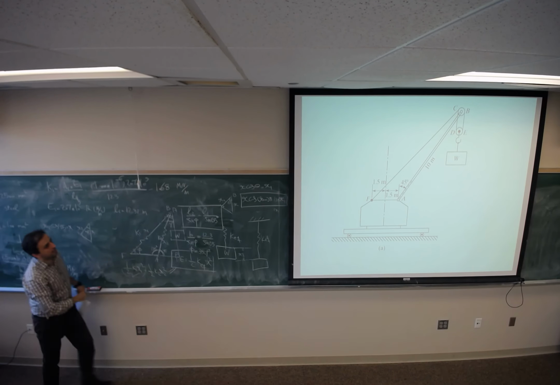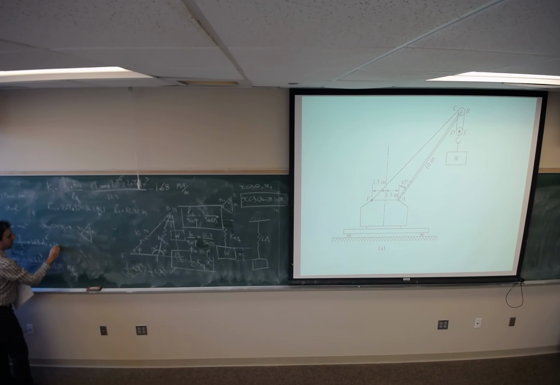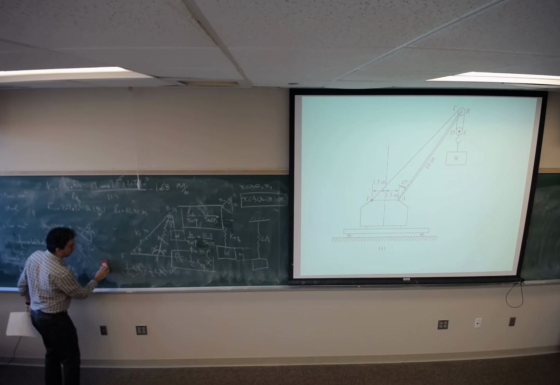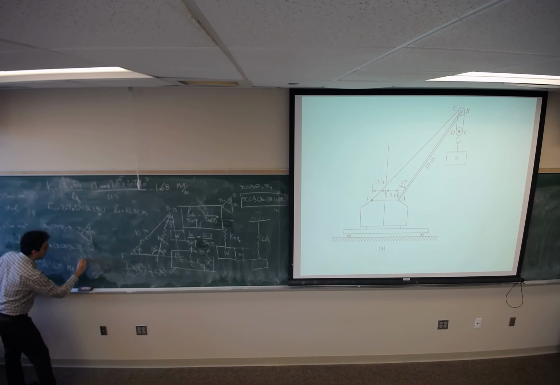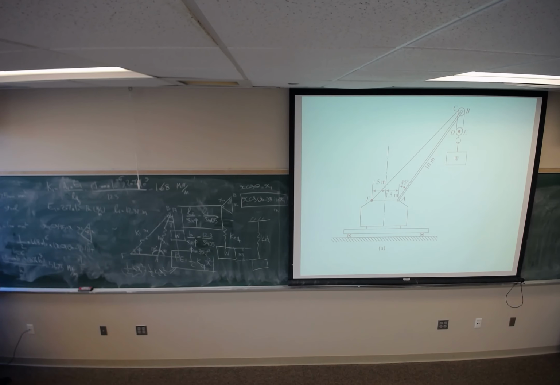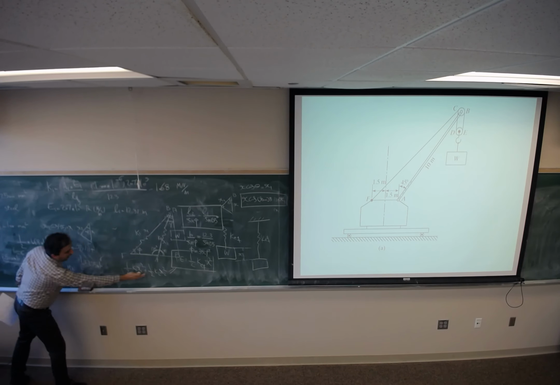X1 is x cosine of 90 minus 35.1, squared, plus half of K2, 51.75 times 10 power 6, times x2 squared.